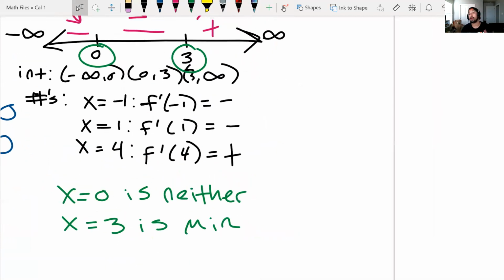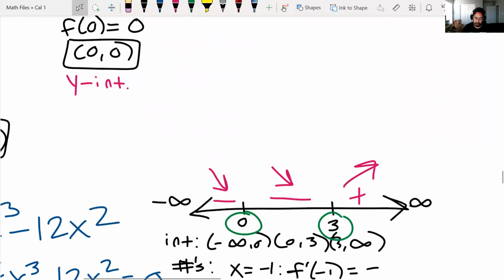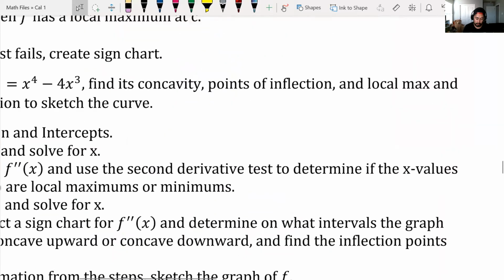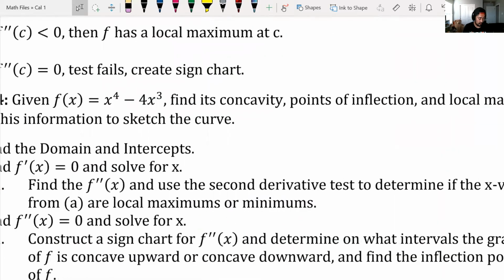Since we're actually going to graph this, let's find the exact location of that minimum. So this becomes f of 3. Where's my original function? I have x to the 4th minus 4x cubed, and I'm just typing in 3.